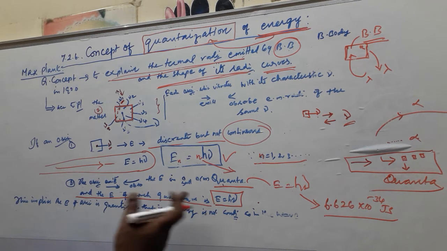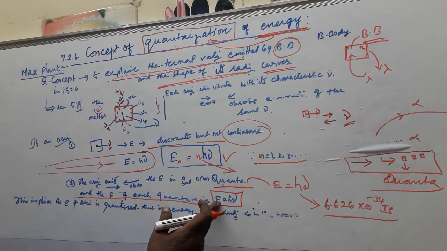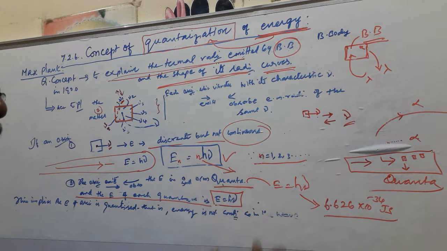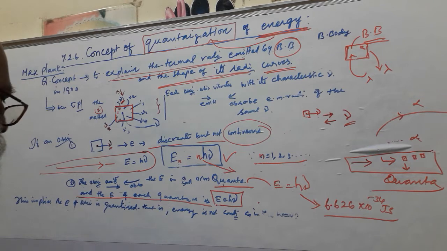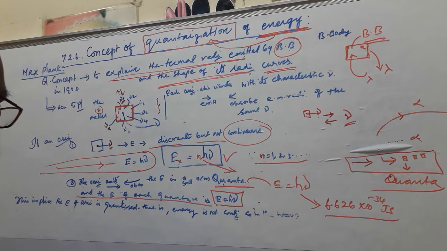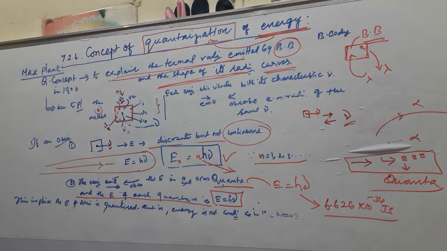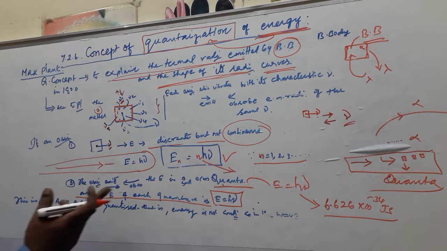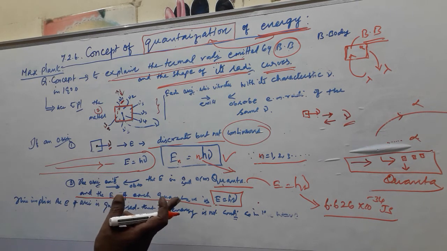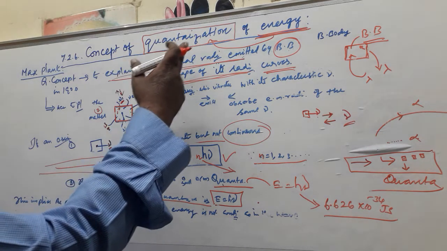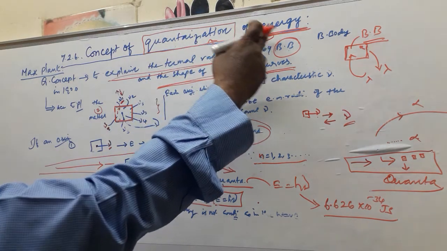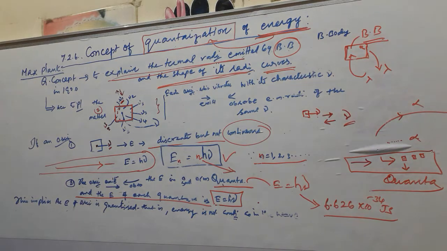So the energy of the quanta is explained by the equation E equal to h nu. This is the main principle that we understand to explain energy quantization, or quantization of energy.